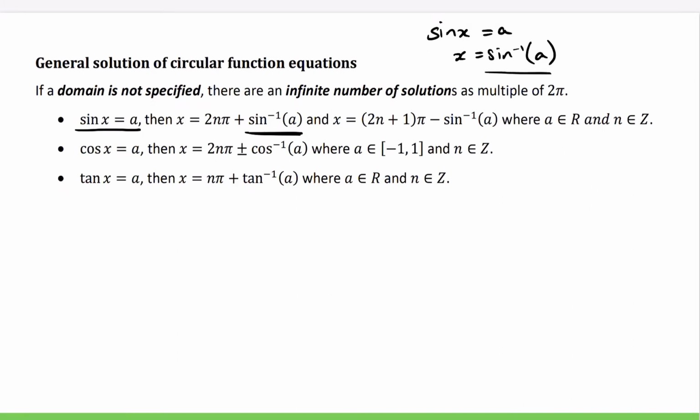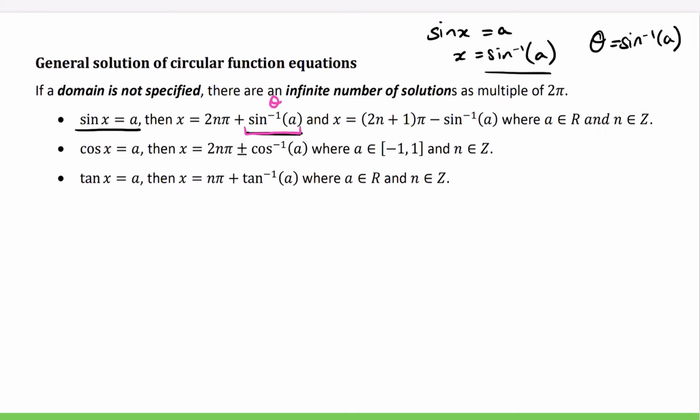This will only provide me one answer, but there will be multiple answers because I will keep going around and around my unit circle, which will provide me with more solutions. Each of these equations tells me what each of those solutions are going to be. But I just wanted to point out that x is equal to sine inverse of a is where we usually say our base angle is equal to that. So when you see sine inverse of a, that's really just indicating your base angle.